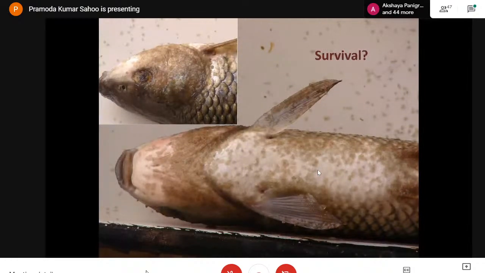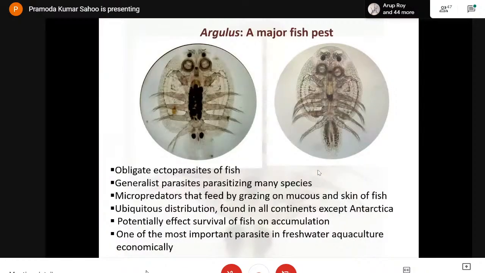Coming to this particular parasite, you can see this rohu, which is a live rohu, loaded with parasites. How will the fish survive? You can well imagine how important this parasite is. It is an obligatory ectoparasite. Obligatory means it requires its food from the host; without food from the host, it will not survive.